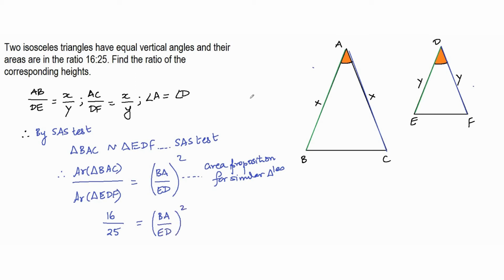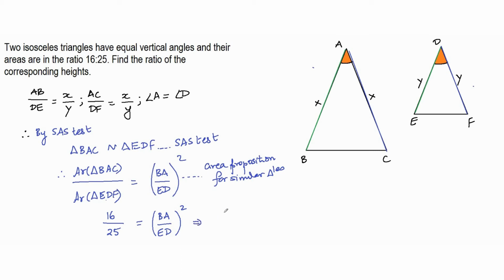Now, by the way, over here, it looks like I should have taken the area of EDF to BAC as 16:25 because EDF is the smaller triangle. But again, this is because I have drawn it like that, right? So over here, it really doesn't matter. I can still take ABC by DEF as 16:25, and I just need to make the triangle DEF bigger, right?